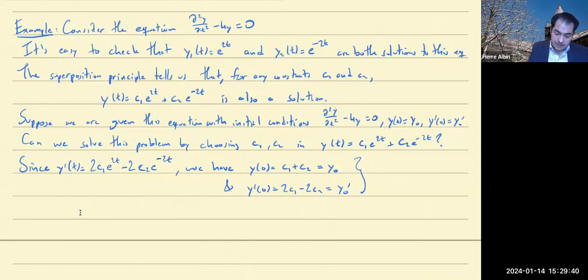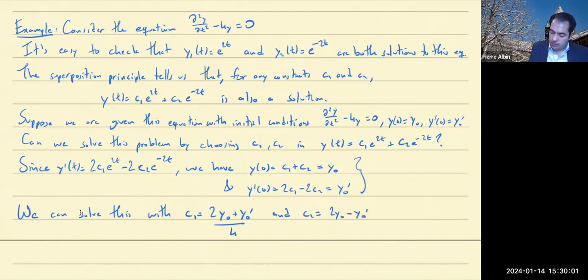We can solve this with C1 equal to 2 times y naught plus y naught prime divided by 4, and C2 equal to 2 times y naught minus y naught prime divided by 4. Right? So if you have this initial value problem, it doesn't matter what values you give me here, I can find C1 and C2 that will satisfy these initial values. Right?